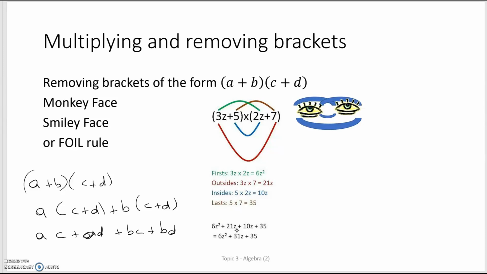Now, you can remember that in all sorts of ways. I've given you some colour-coded here, the smiley face. Some people look like a monkey face, whatever, doesn't matter.